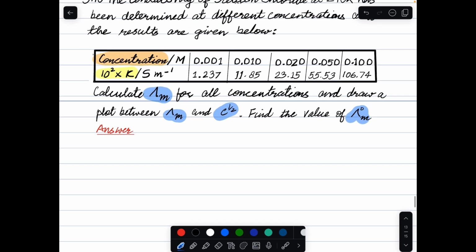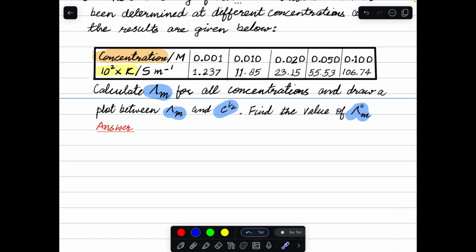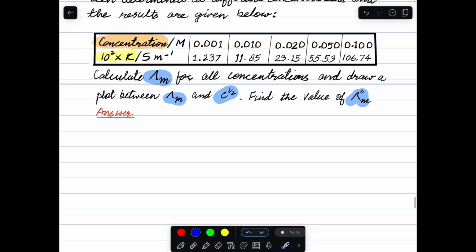So with this table which they have given you, we will use this data to find out the values, and then we will prepare a new table.